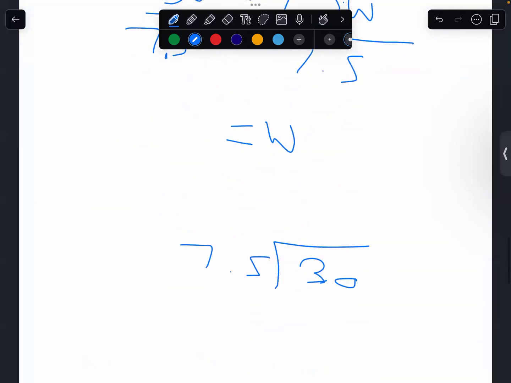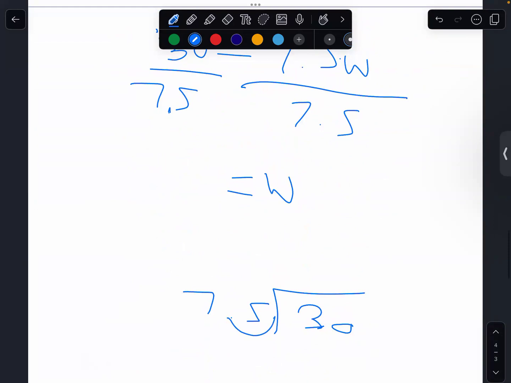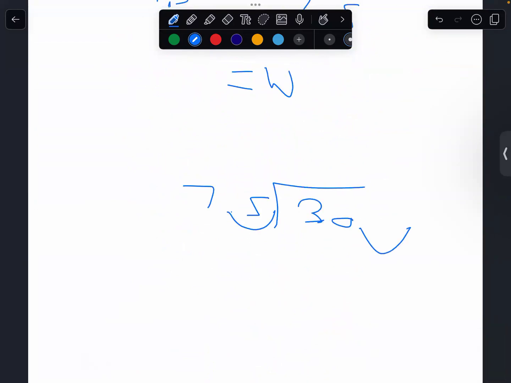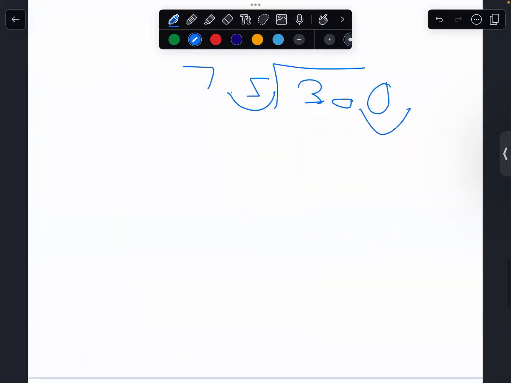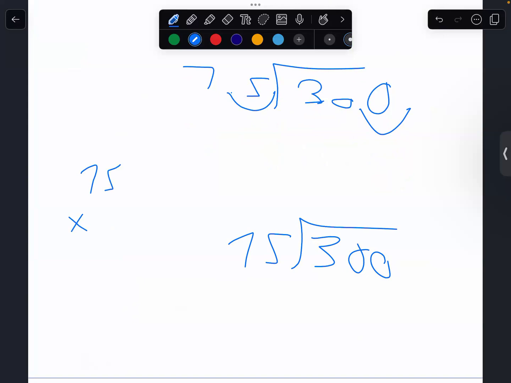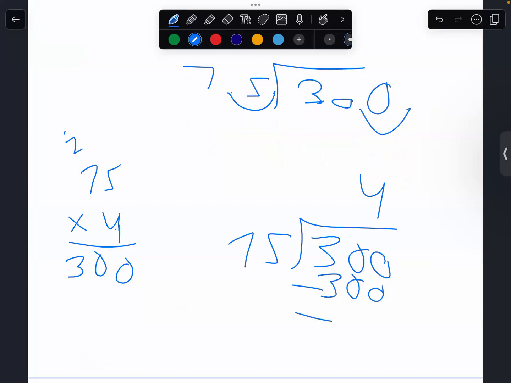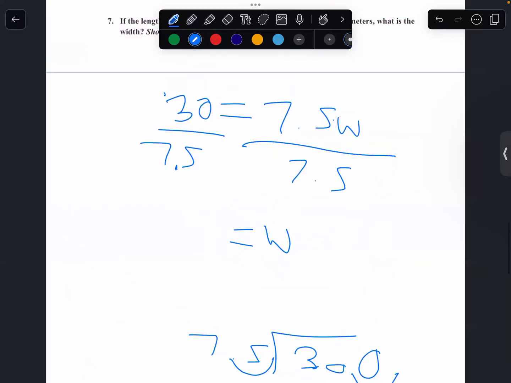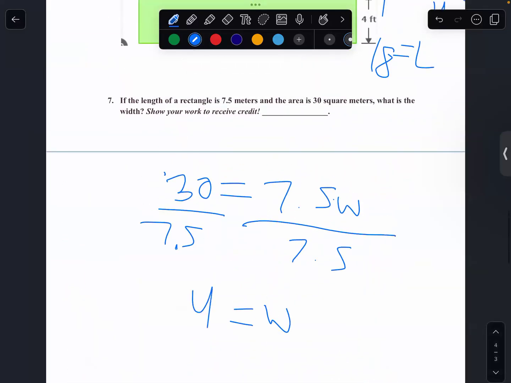So he goes in the doghouse. Move the decimal to the end on the outside, do the same number of places inside. So then 75 goes into 300. How many times? Well, if you guess and check, eventually you will get to 4. 5 times 4 is 20. 4 times 7 is 28, and 2 is 30. So that's 4, and that is our answer. So 4 is the 4 meters.